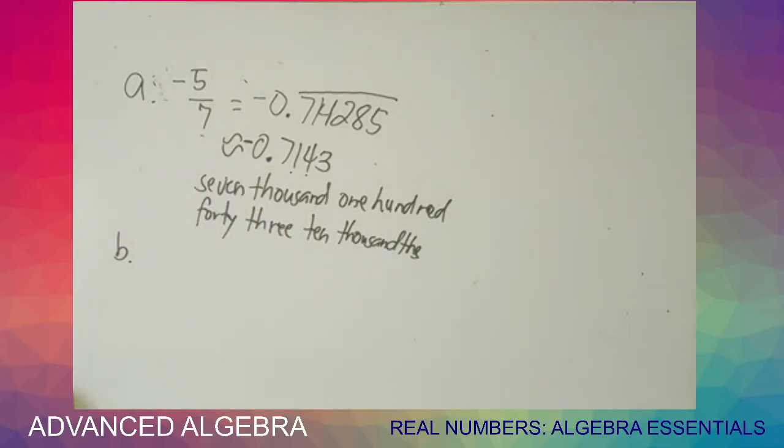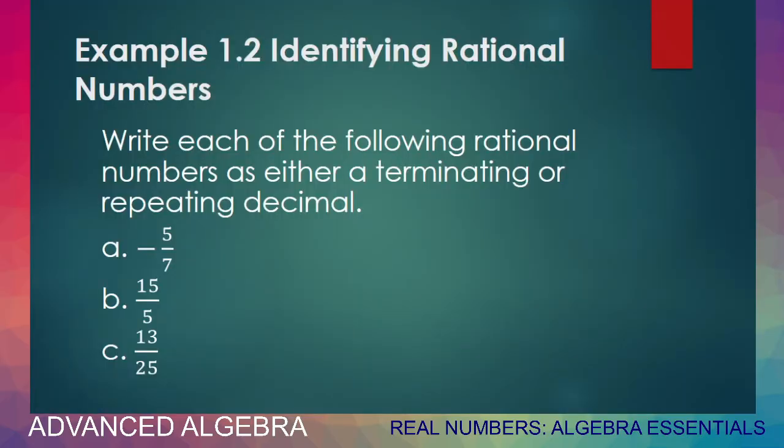So next. Okay, 15/5. Wait lang. Nakalagay dito sa ating direction, write each of the following rational number as either a terminating or repeating decimal. So yung letter A natin, it is terminating or repeating decimal? Okay, it is repeating decimal.